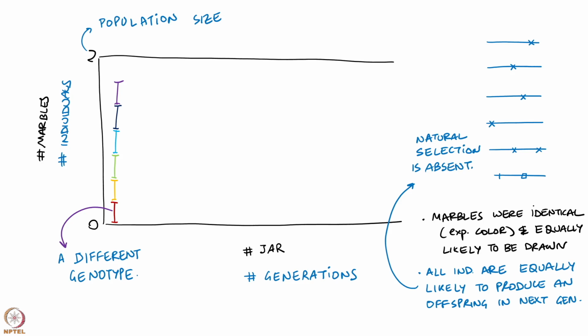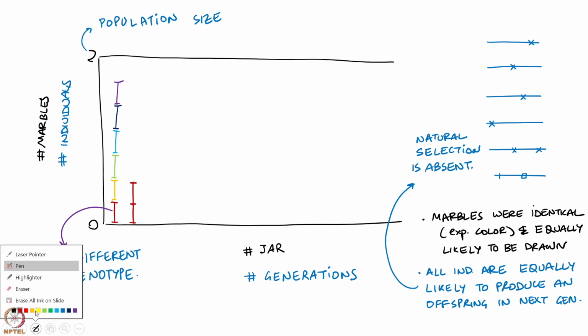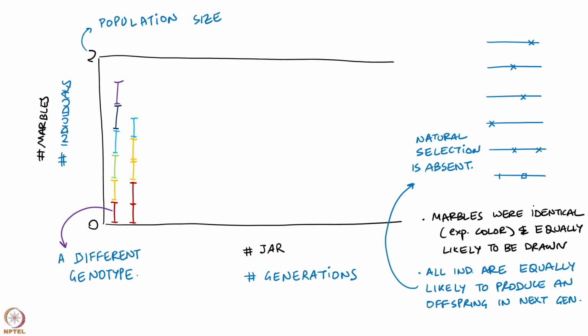So, what happens in this case? As exactly was done in the marbles in a jar game, as we move to the next generation, I might get this: red color might be drawn twice, the orange color might also be drawn twice, and then light blue is drawn once and purple is drawn once.